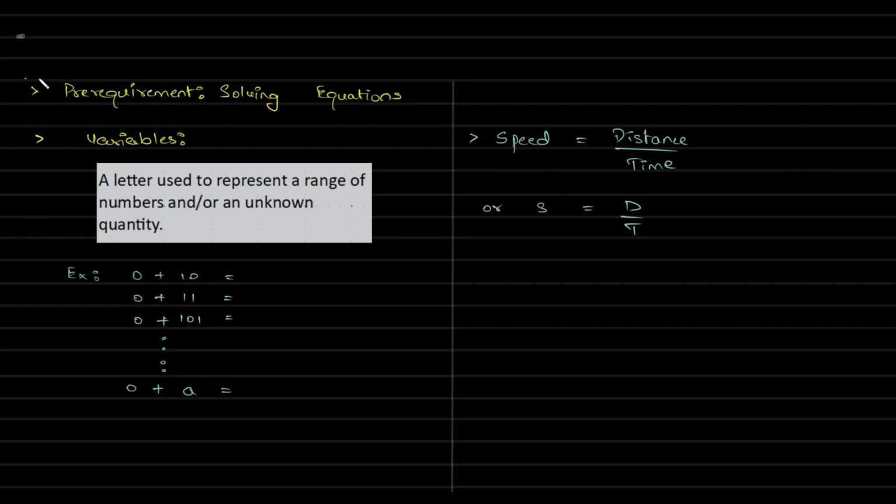Let's start off with our pre-requirement before we start looking into solving equations. The very first thing is your variables, right? So we're looking at variables. The general idea behind variables is that we are writing or representing a particular item or items, or a particular situation or a particular quantity, with the help of a letter, right?